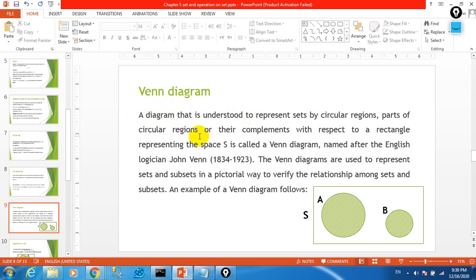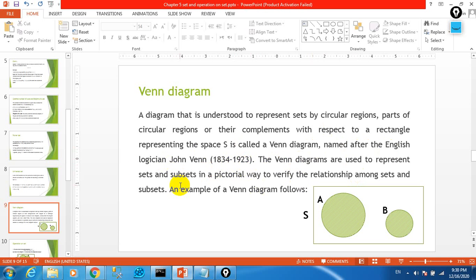A diagram that is understood to represent a set by a circular region, parts of a circular region or their complements with respect to a rectangle representing the space, is called a Venn diagram, named after the English logician John Venn, 1834-1923.